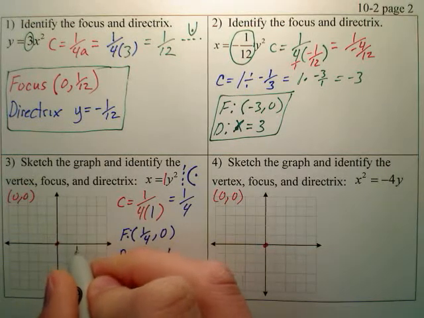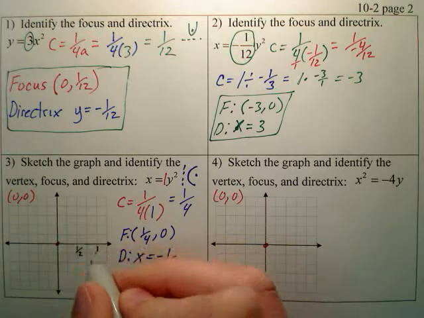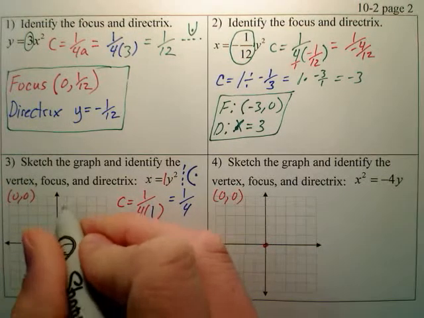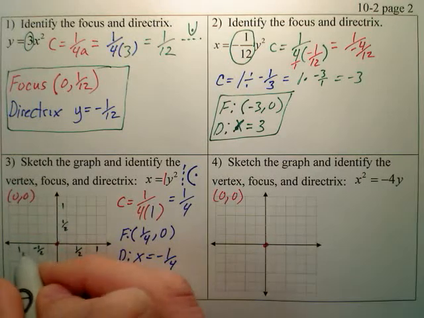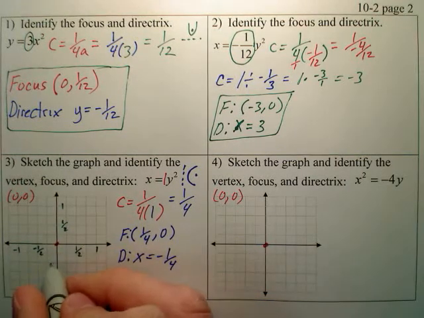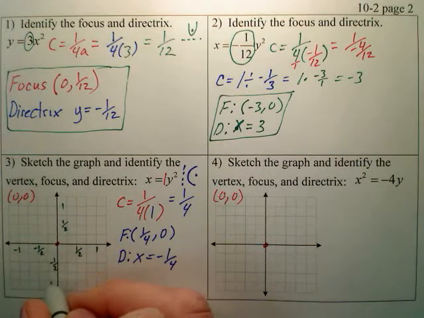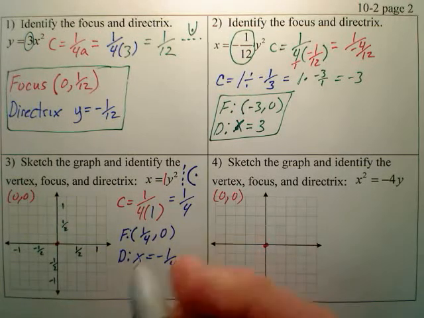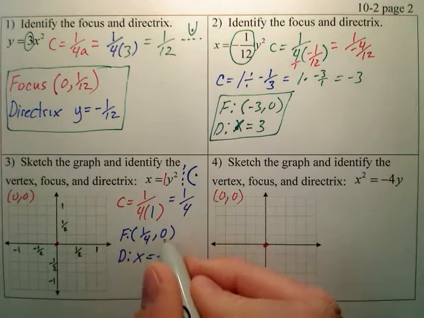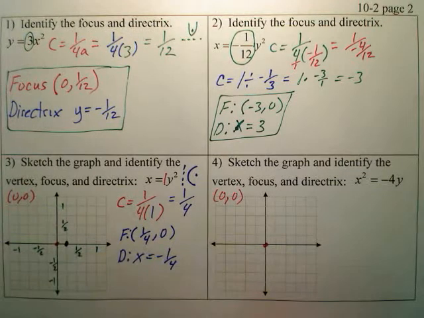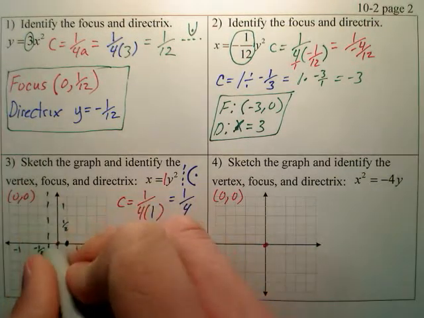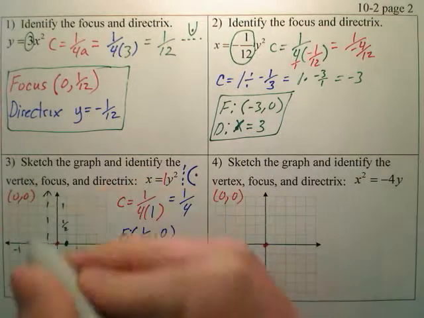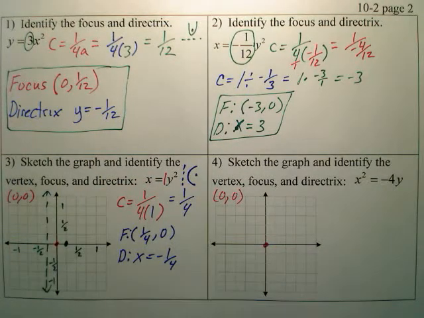So I'm going to call this 1/2 and this 1, and on the other side negative 1/2 and negative 1. So (1/4, 0) would be right here, and the directrix x equals negative 1/4 would be right there. And then from that, I want to create my graph.